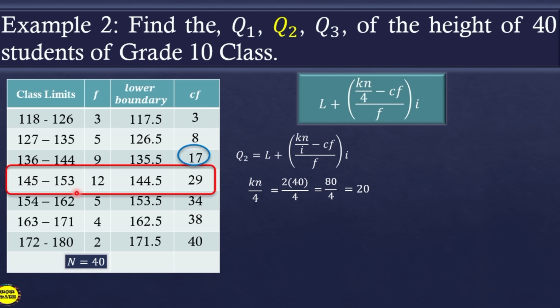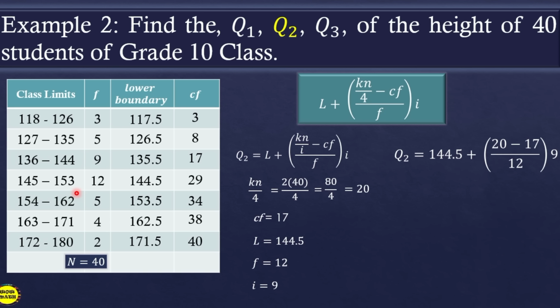So, yung CF natin is 17. The lower boundary is 144.5 and the frequency is 12. So, same pa rin yung i natin, that is 9. So, substitute sa formula, 144.5 plus, so 20 minus 17, the answer is 3.